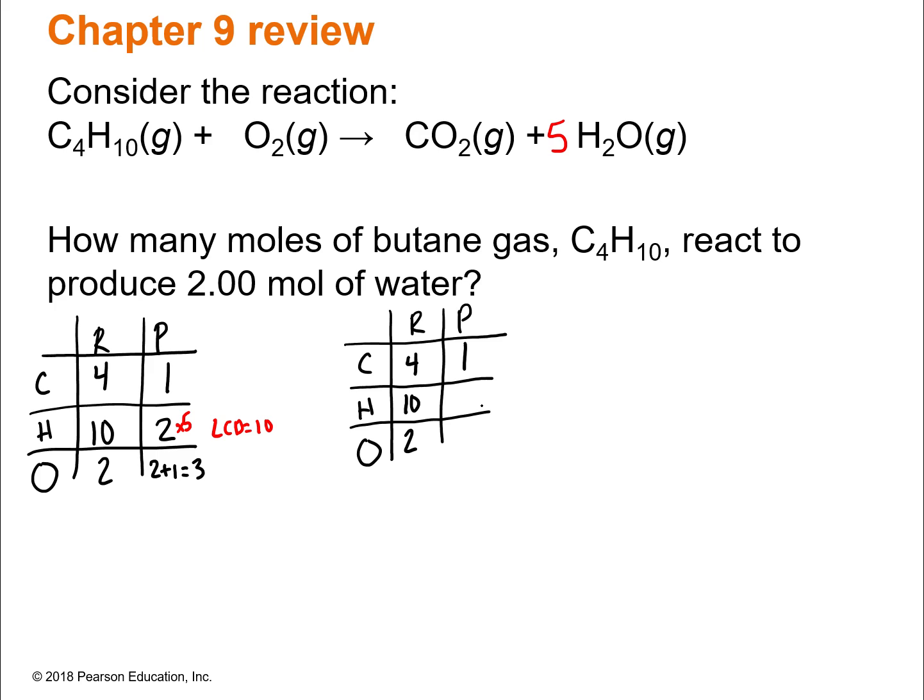The product side, we changed the hydrogen and the oxygen. So now the oxygen is 2 from the carbon dioxide plus 5 from the water, which is 7. Next, we'll focus on the carbon. We're going to multiply by 4 on the product side.